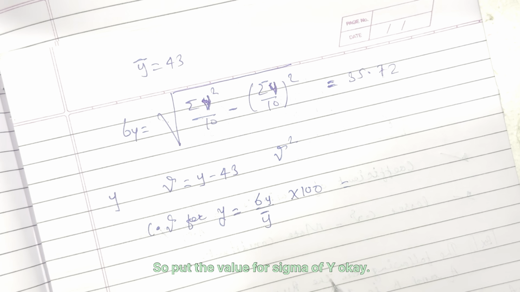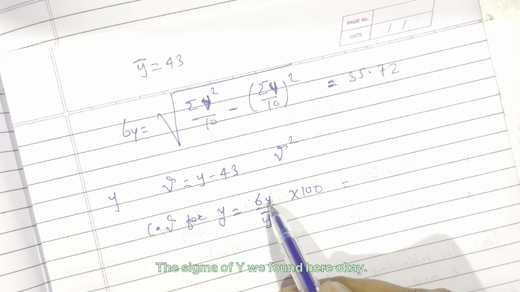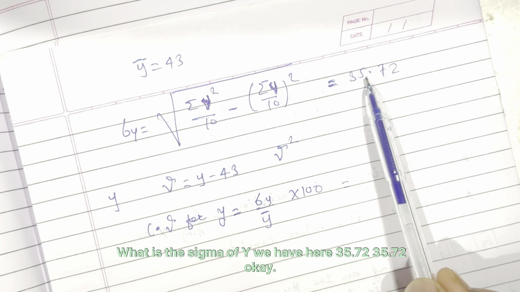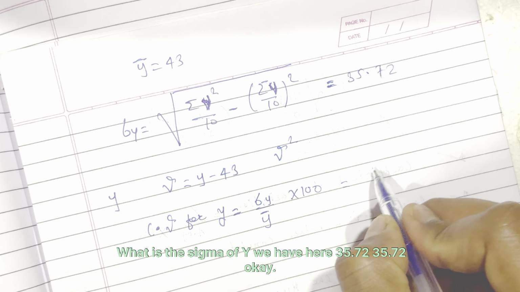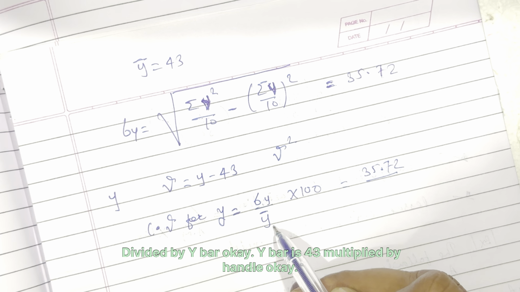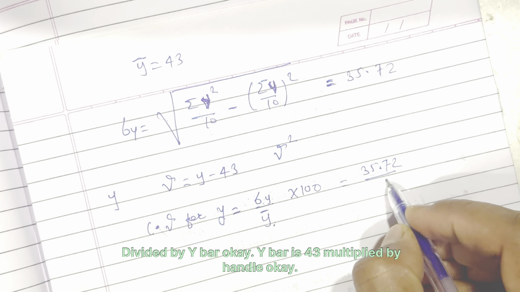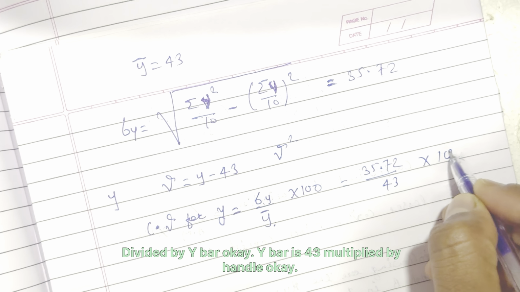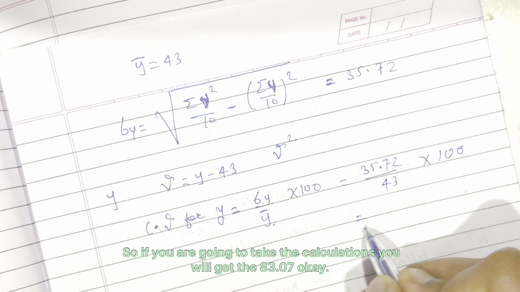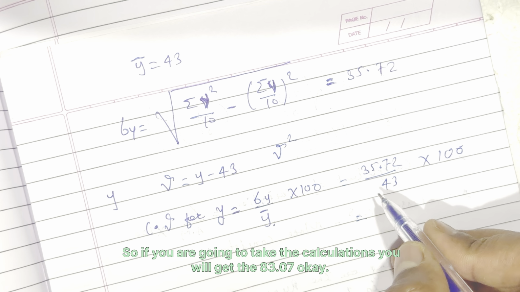So put the value for sigma of y, which we found here: 35.72, divided by y bar, which is 43, multiplied by 100. If you take the calculations, you will get 83.07.